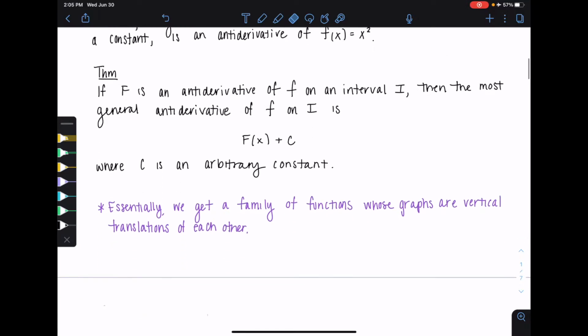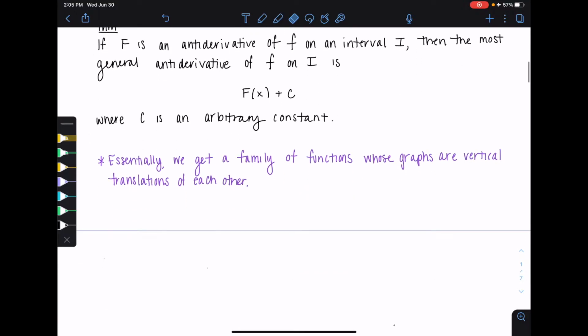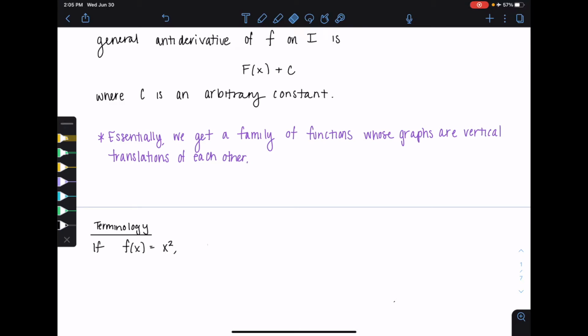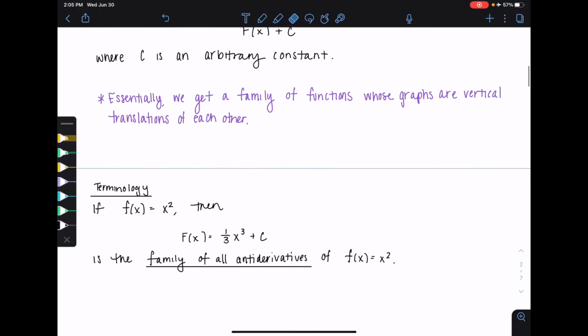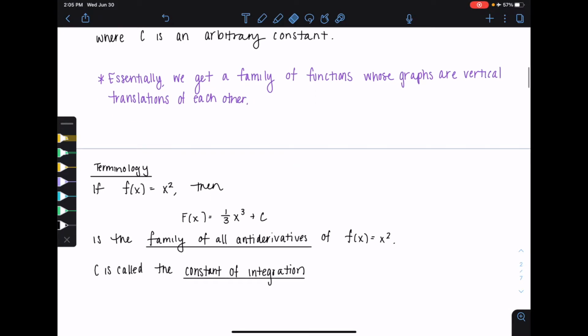Okay. So with this new process, we have new terminology that we do want to go over. And we're going to consider that with, again, the same function x squared. So its antiderivative would be capital F of x equaling 1/3 x cubed plus c. This is called the family of all antiderivatives of x squared. The value of c is going to be called our constant of integration, which we'll get to what integration means in a second.